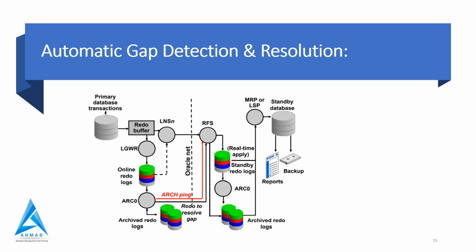When the connection is reestablished, Data Guard automatically detects the missing archived redo log files. That is called a gap, and it automatically transfers the missing archived redo log files to the standby using the ARCn process. Then the standby database is synchronized with the primary without manual intervention by the DBA.